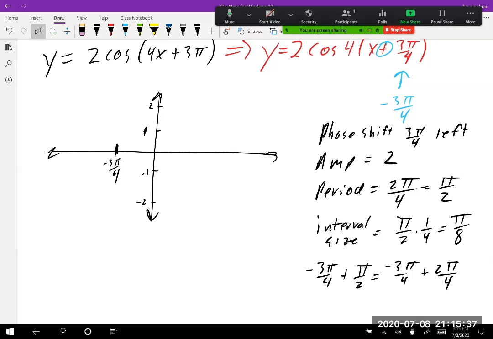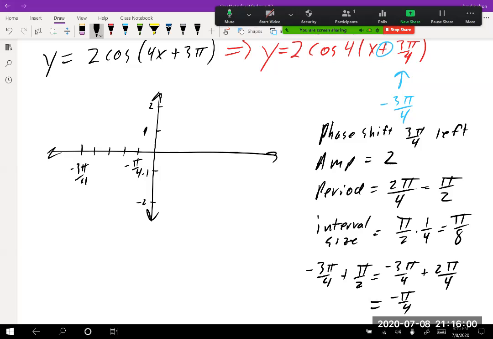Ooh, I didn't leave myself very much room. So negative 3 pi over 4, and we now know that we're going to end at negative pi over 4. That's not very far, right? Now when we cut that in half, and in half again, we kind of know what we're getting ourselves into.